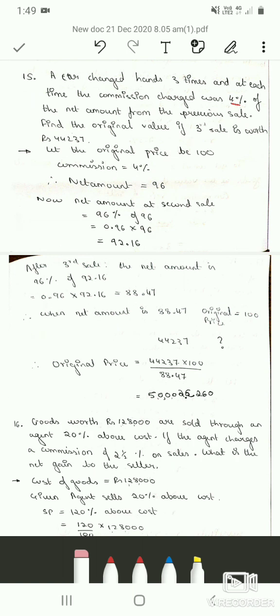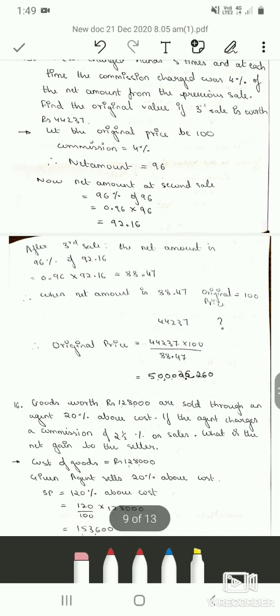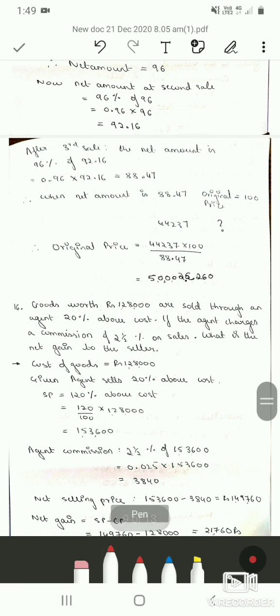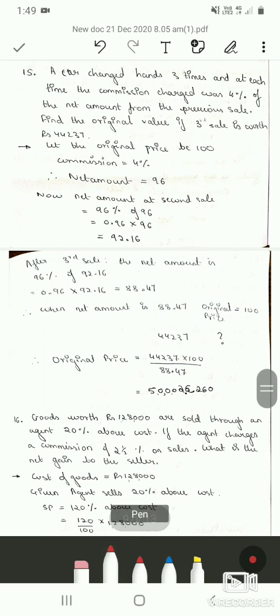So this was the original price of the car. Since they have said in the question that the commission obtained was depending upon the net amount from the previous sale, you can calculate the net amount using this formula, or else you can find out the commission and subtract it from the original price to get the net amount.